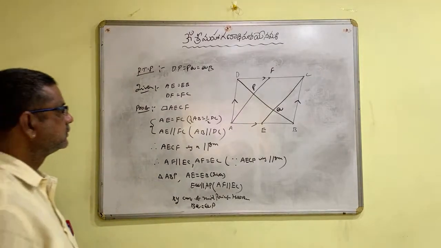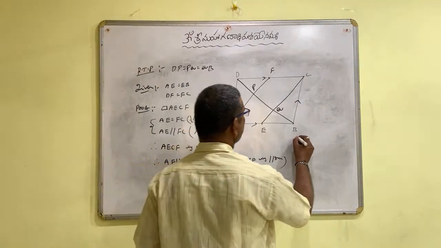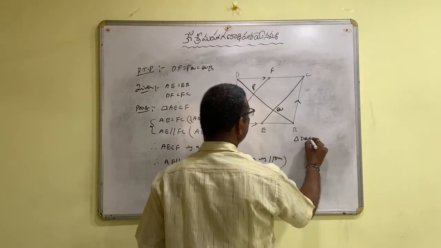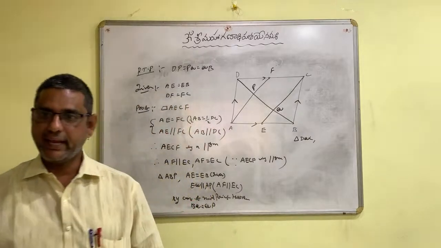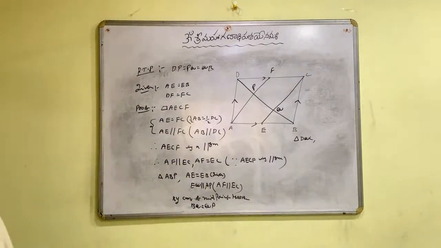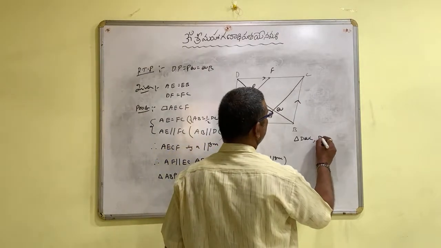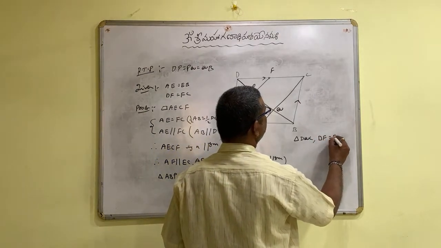Now, consider triangle DQC. DF is equal to FC.